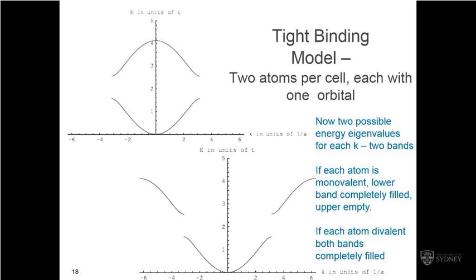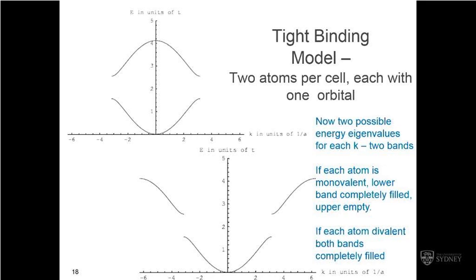Each band can occupy 2 electrons. So if you have an atom that has 1 electron, monovalent, then only the bottom band will be completely filled. Both electrons can sit in there, even if it's got 2 orbitals.